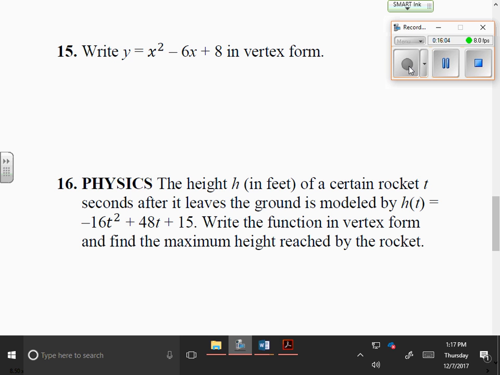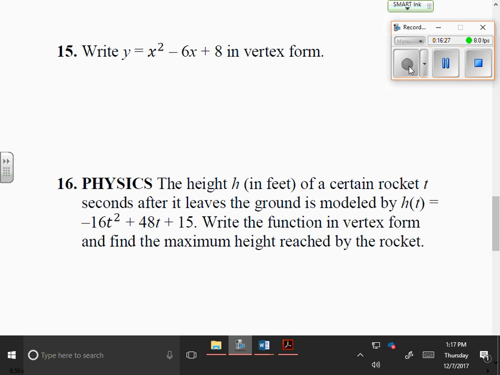On those previous problems, we didn't have a y value. If you look back at problems 7 and 8, when we were solving using completing the square, there was not a y variable. There is in this case.